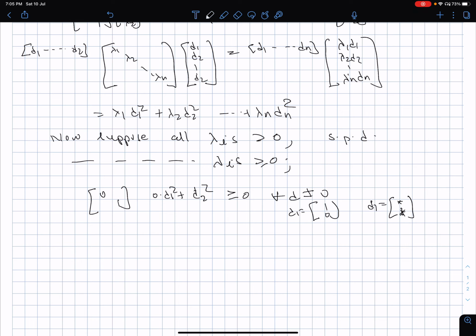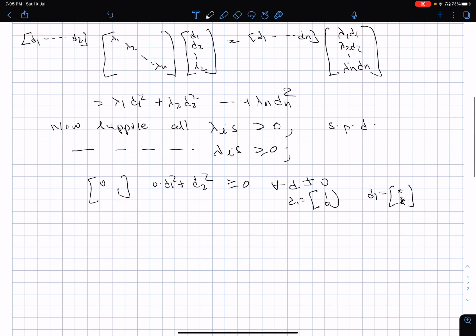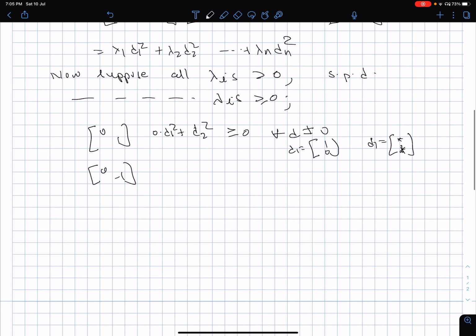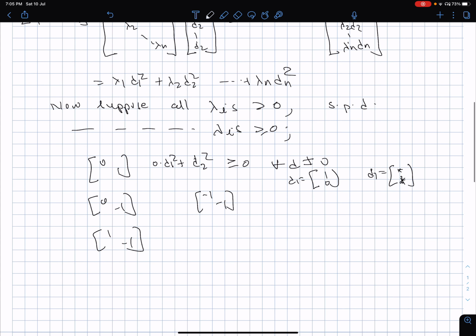So what is this matrix? This matrix is positive semi-definite. On the other hand, if you look at diag(0, -1), it is negative semi-definite, and if you look at diag(1, -1), it is an indefinite matrix. And if you look at diag(-1, -1), it is going to be a negative definite matrix.